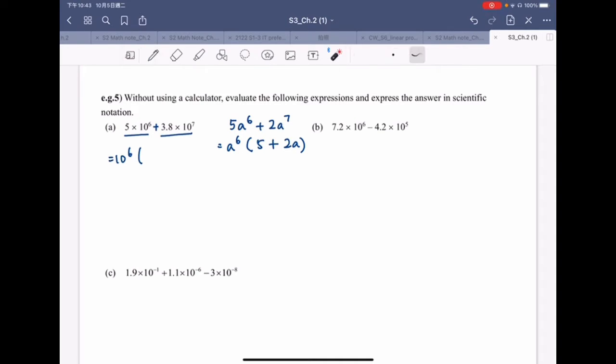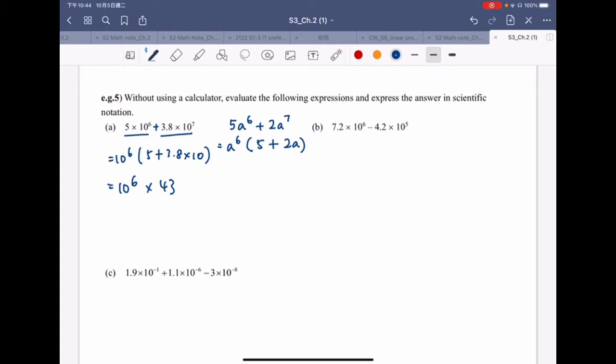So the first part, the remaining number is 3.8 times 10, right? There are 7 tens multiplied together, so we take out 6, therefore 1 is left. Then 38 plus 5 means 43.